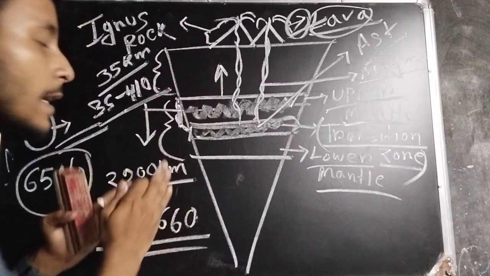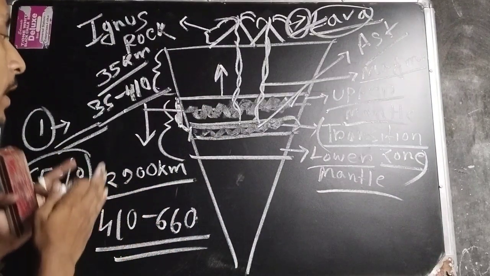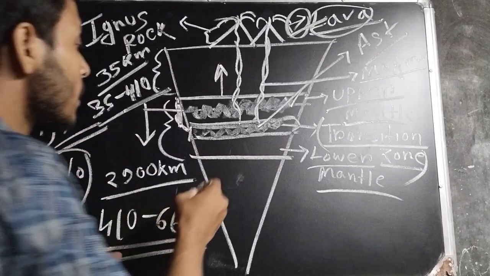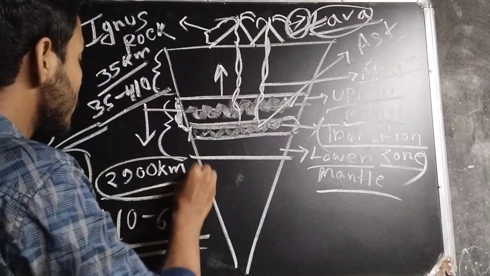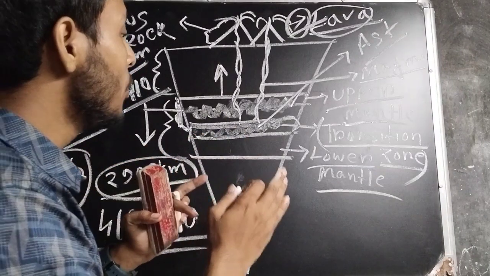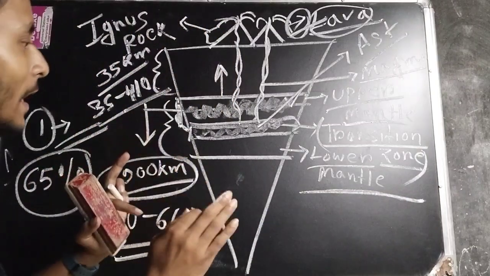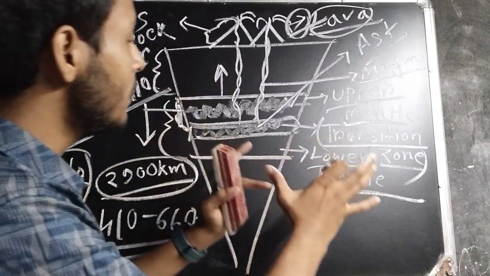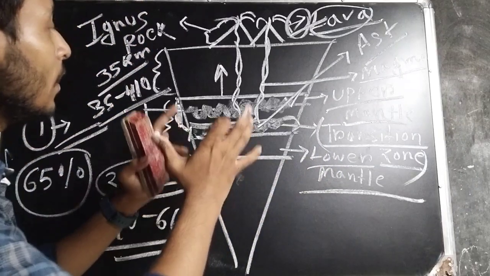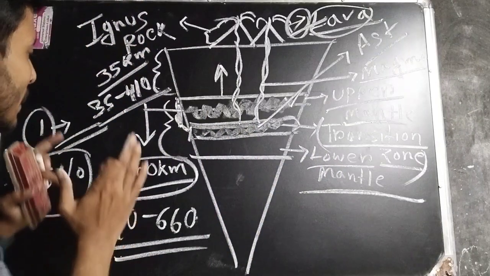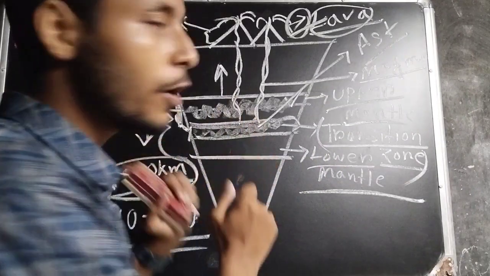And from 660 kilometers to 2900 kilometers is called the lower mantle. This is clear now: what the lower mantle, the transition zone, and the upper mantle are. This is enough for the mantle.